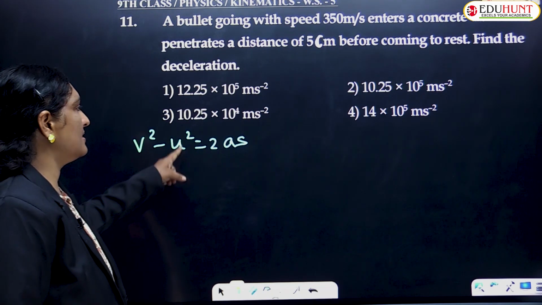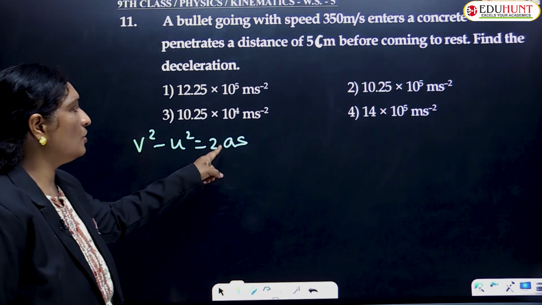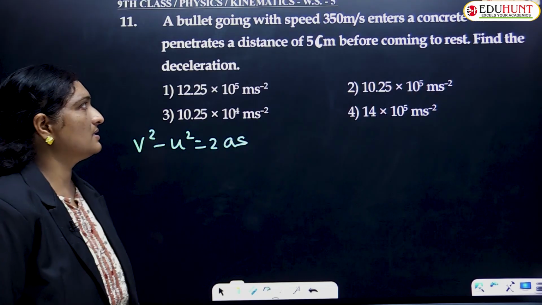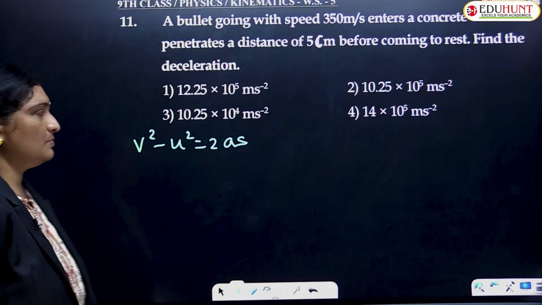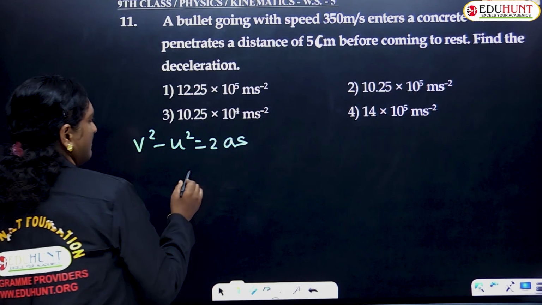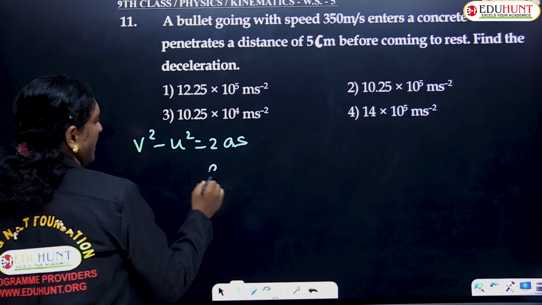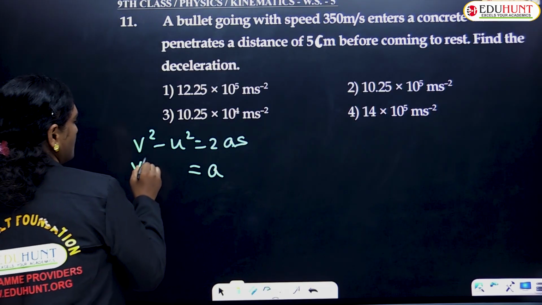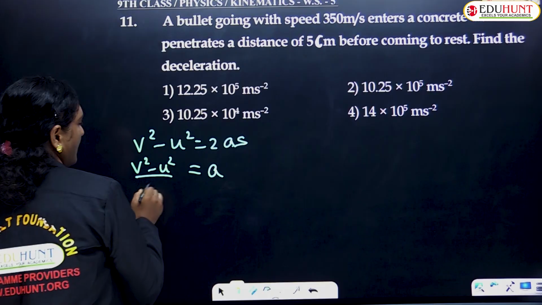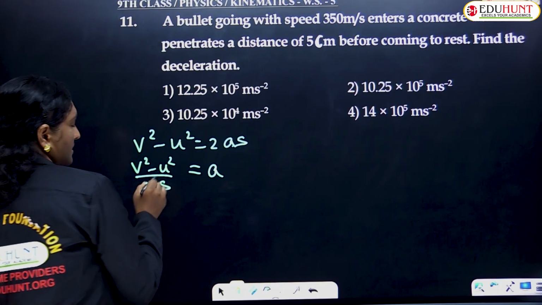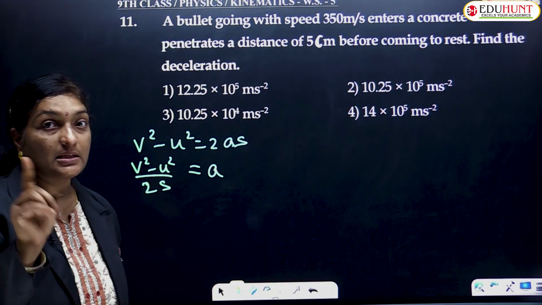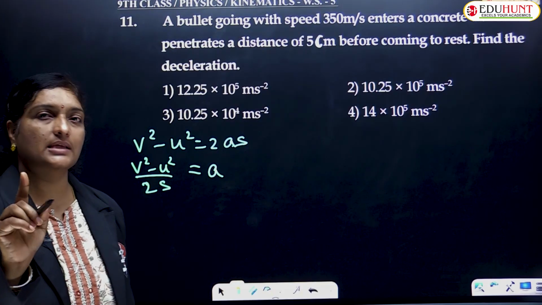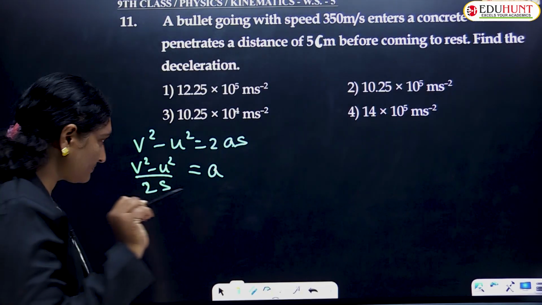Initial speed was given as 350, deceleration is unknown, you need to find it out, and distance was 5 centimeters. So from this formula, the deceleration A is equal to v square minus u square by 2s. Children, deceleration means minus A, acceleration means A. This you need to remember.